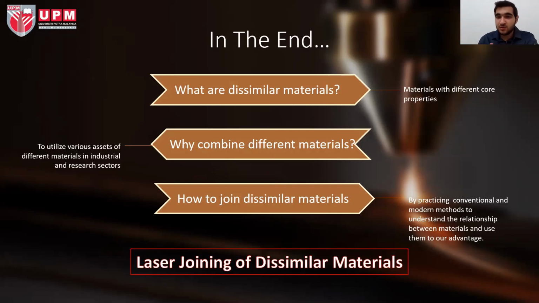And yes, on the surface, we do talk about joining two very different materials using a high energy beam, but on a much deeper and more intellectual level, we are actually discussing the relationship between two different materials and how we can use their criteria and their characteristics to our advantage.